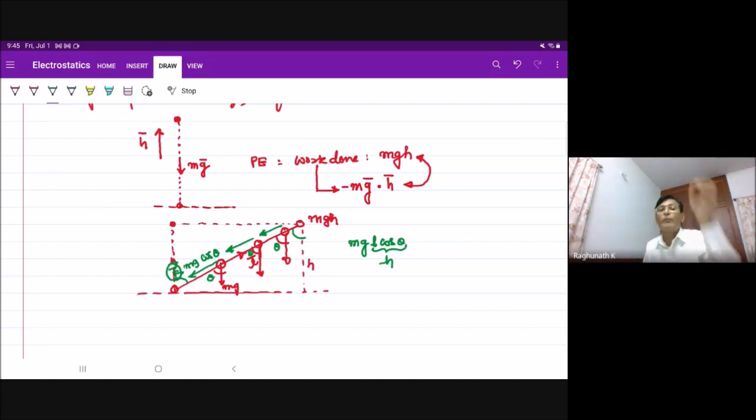Whether it is straight up or along a straight line path where the amount of opposition is everywhere the same, given by F bar in the downward direction along the line, of magnitude mg cos theta, it's actually minus F bar dot L bar, minus mg bar dot h bar.